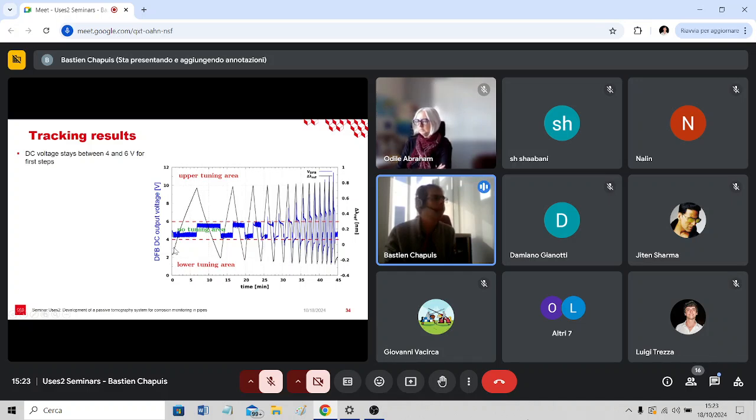So when the bending is very slow, you can see that we can easily compensate for the strain, and when it comes faster, there are some overshoots. So for a few seconds, the system works outside its operating range. That is because we use a Peltier, so a thermal component, to compensate the wavelength of the laser, so it has quite a long inertia.